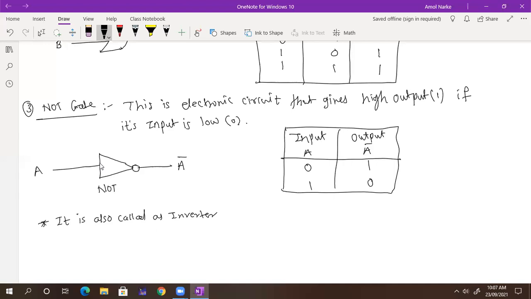Okay. Now we have our next point, that is nothing but the principle of duality. So what is the duality principle? Anyone knows what is the duality principle? Have you heard that word?